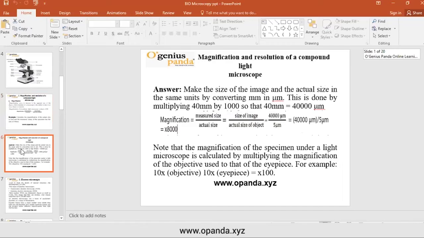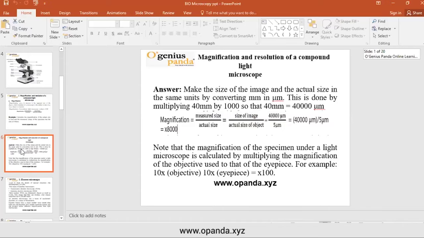This is done by multiplying 40 millimeters by 1000, so that 40 millimeters becomes 40,000 micrometers. These are the standard units which are used for the smallest or invisible objects.